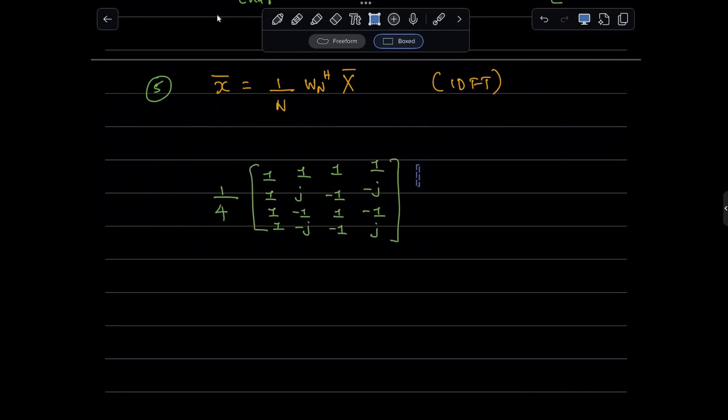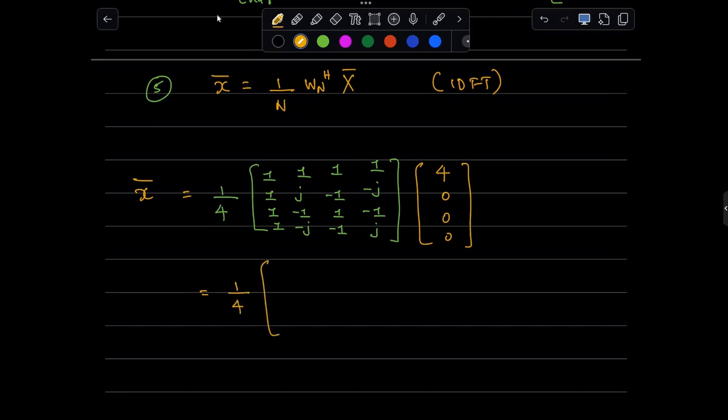This into our signal, which is 4 0 0 0. So this is 1 over 4 into this is 4. Then you will get here 1. You will get here 1 into 4 is 4.